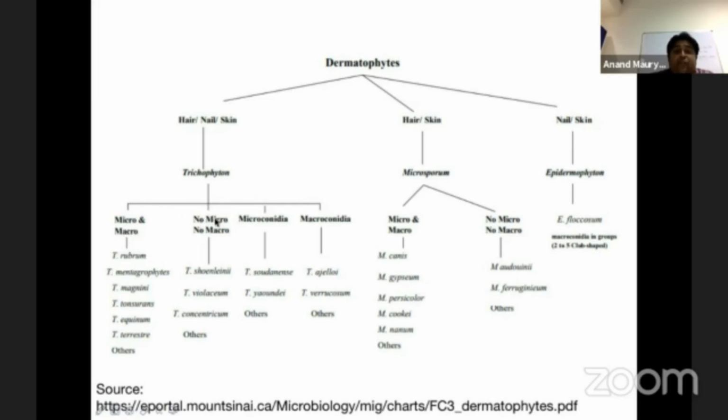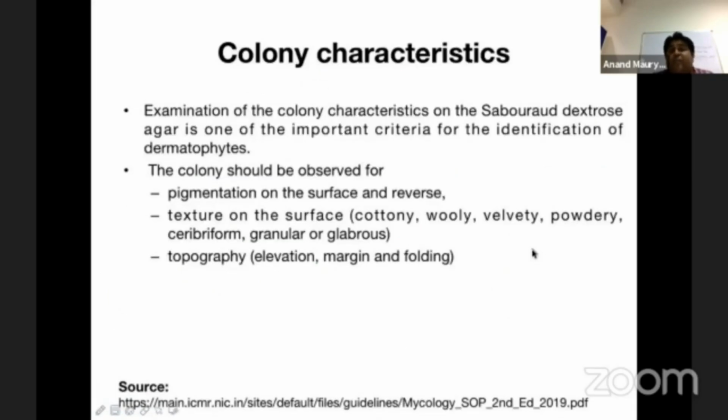In the case of no microconidia and no macroconidia, it is T. violaceum. In the case of macroconidia, there are macroconidia in this. These are the differentiation of the dermatophytes, and the presentation of the macroconidia in the species we will discuss in detail in the next slides. So how do we characterize the colony?